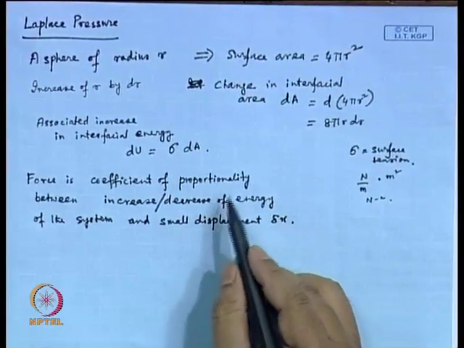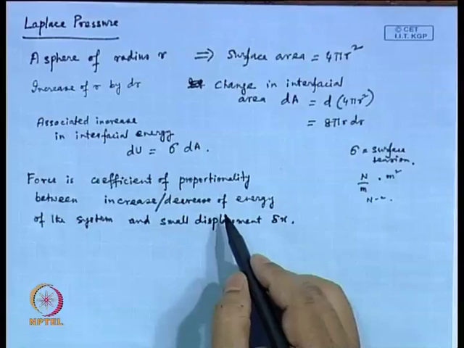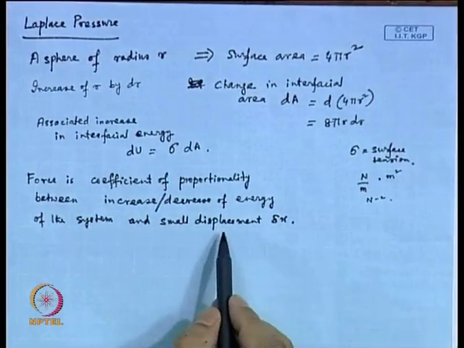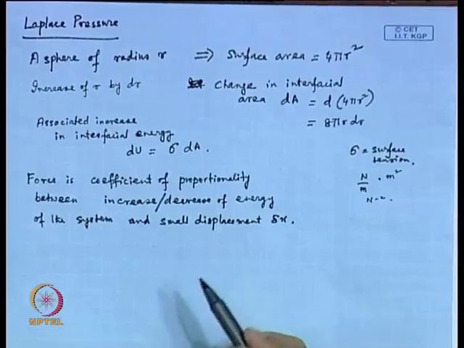So force is considered the coefficient of proportionality between increase or decrease of energy of the system and the small displacement. That means force is basically the energy divided by dx, the displacement.